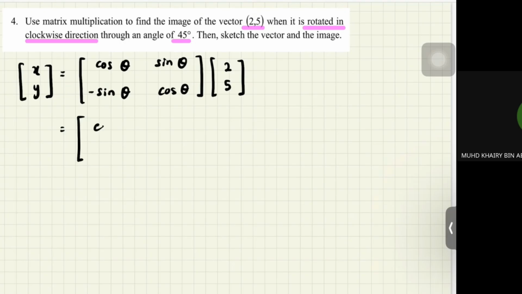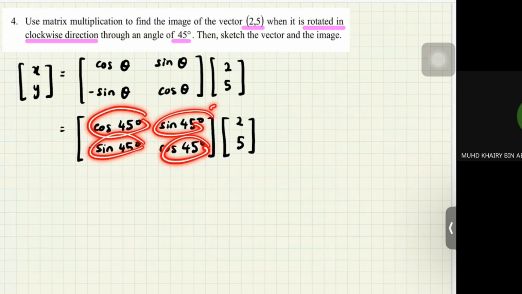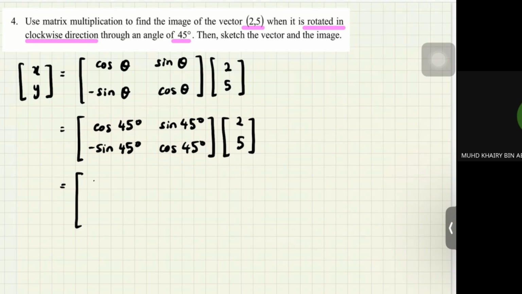So substitute the angle, times the vector 2, 5. Use your calculator to find all the values here, and then multiply with the vector 2, 5. So cos 45 degrees will be 0.7071. Then minus sine 45 degrees, minus 0.7071. So just use the same values.